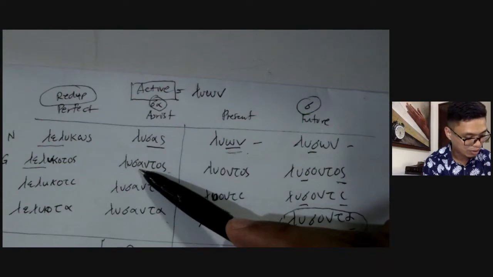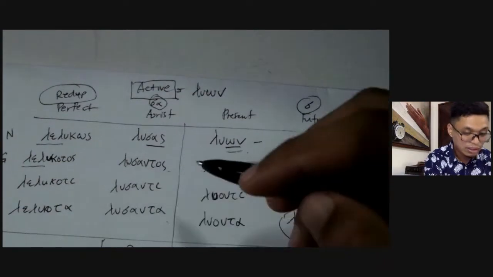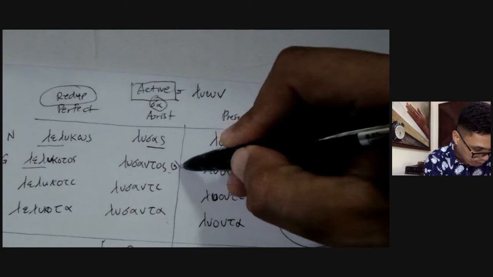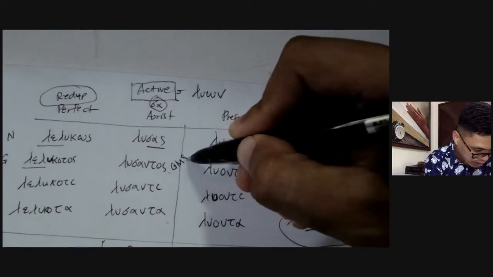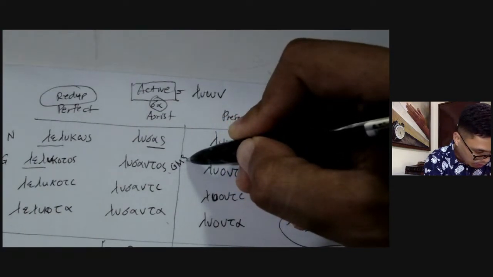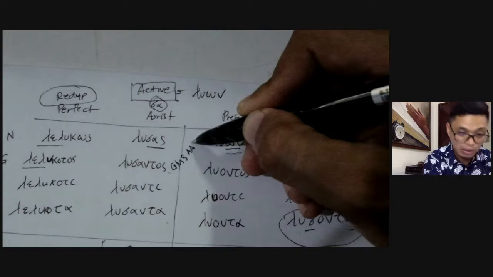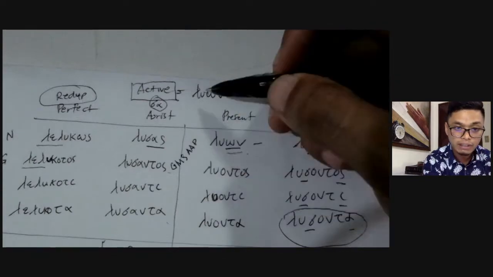So the parsing for this, I will write it down here so you can see, will be genitive masculine singular aorist active participle. Okay?